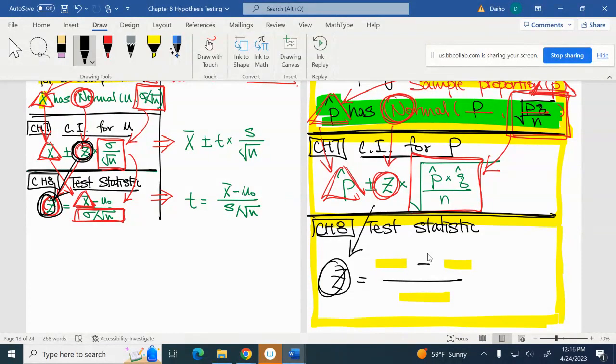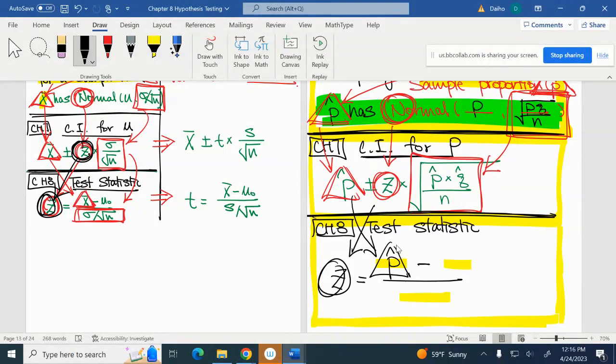P hat. Thank you. The first one was the X bar, X bar, X bar. Now we get P hat, it must be P hat. But what's the difference? Today we made a test statistic for the proportion, P hat.